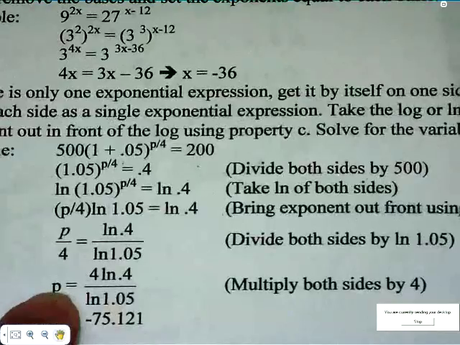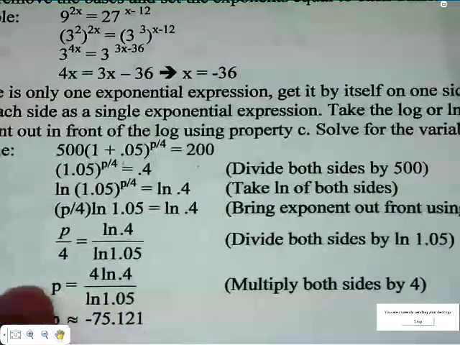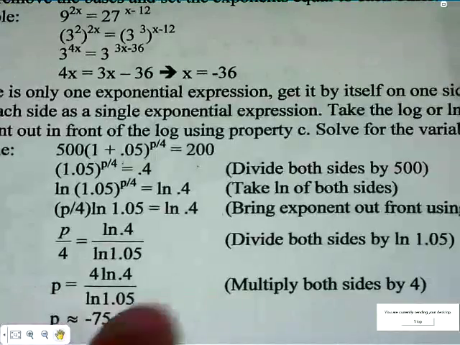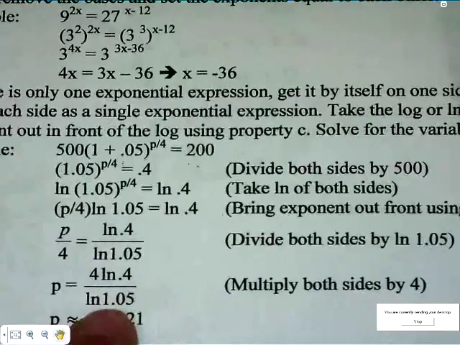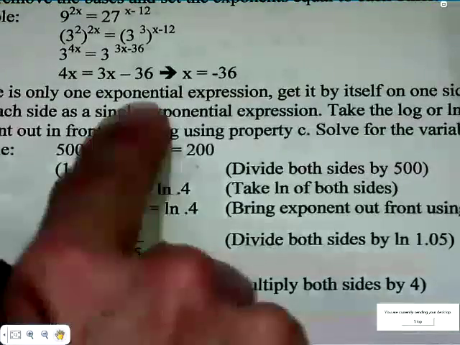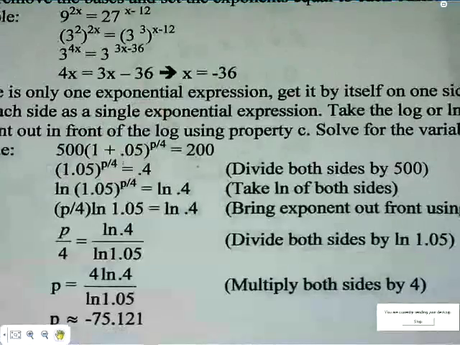A secondary and perhaps more important to you reason is that if you have this expression on your test and then you punch it wrong on the calculator, I'm still going to give you at least half credit. I mean, you've done all the work. You just got fumbly on the calculator. So I'll give you partial credit if you solve for the variable and then just punch it wrong.